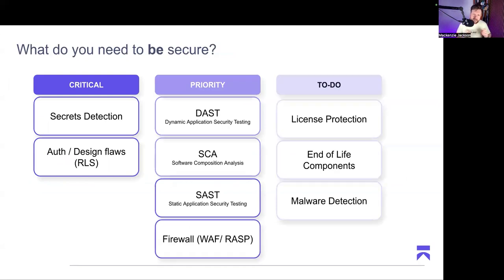So, what do we need to be secure? This is something that I created specifically for people that may be using AI-assisted tooling. And this webinar is mostly for people that maybe have some developer knowledge, but not huge amounts. The two things that we really need to secure are secrets detection and authentication or design flaws.